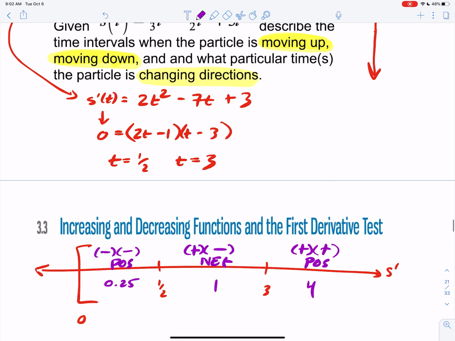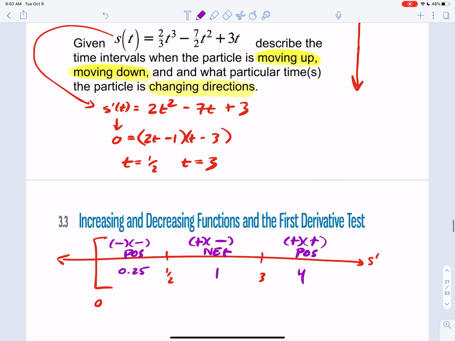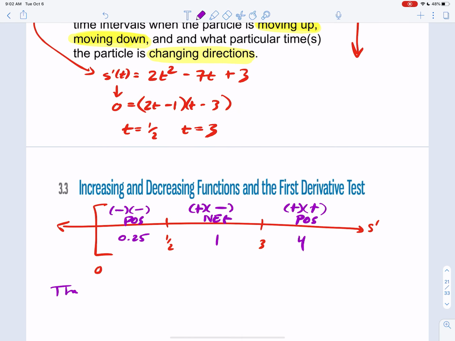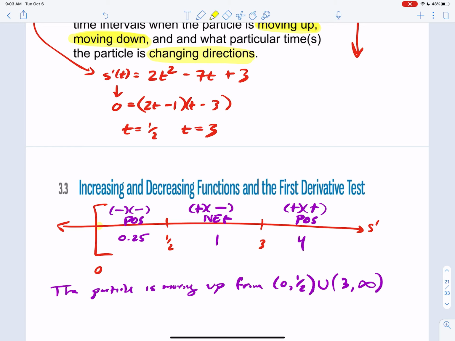All right, so where's the particle moving up? The particle is moving up or increasing when the derivative is positive. So the particle is moving up from 0 to 1/2 union 3 to infinity. If you guys take a look, this is where the derivative is positive.